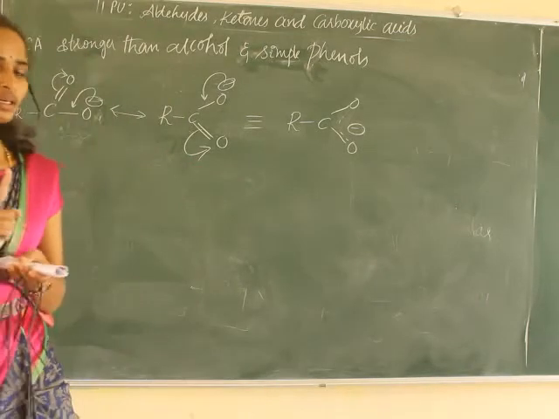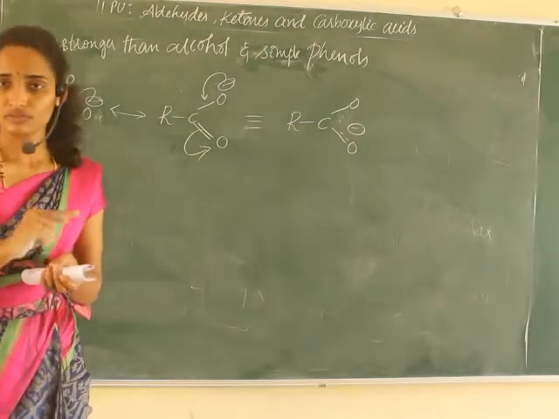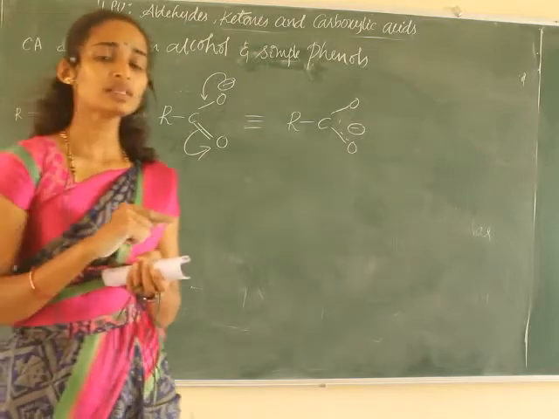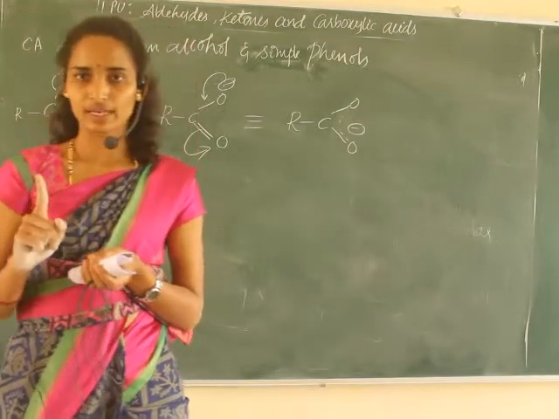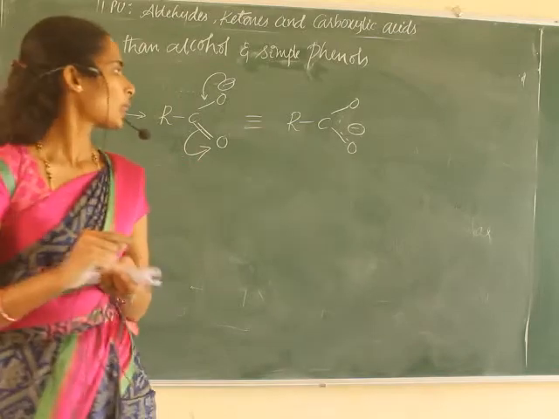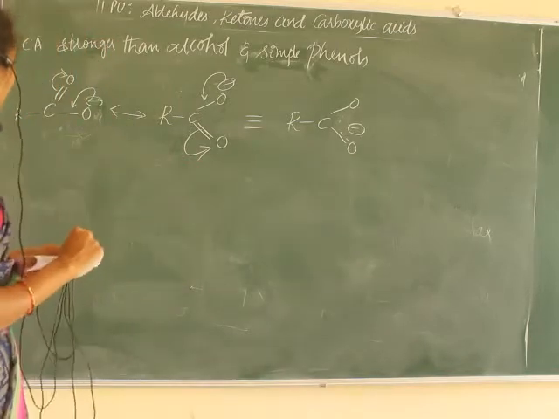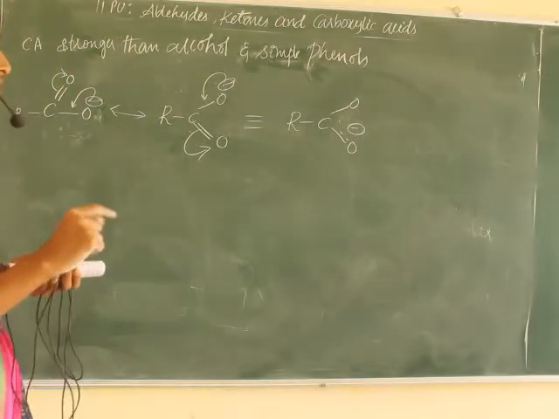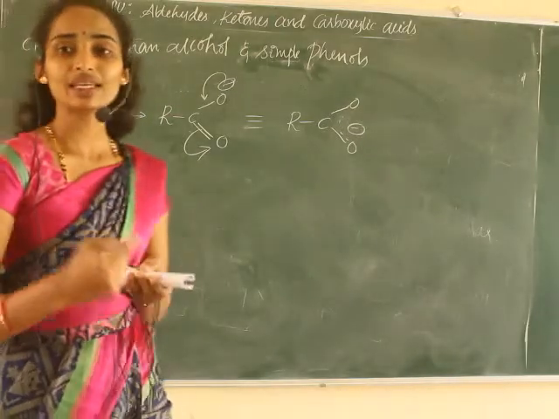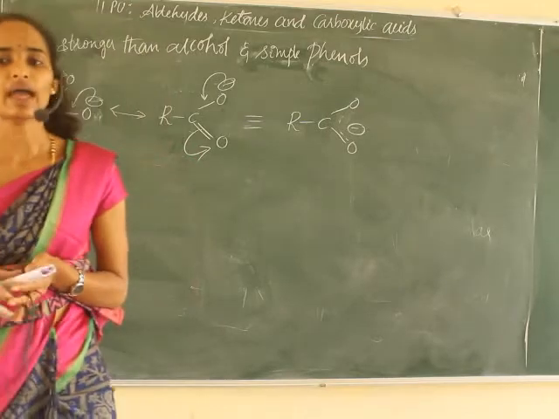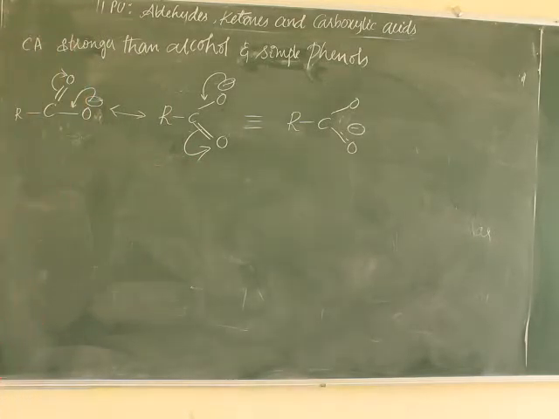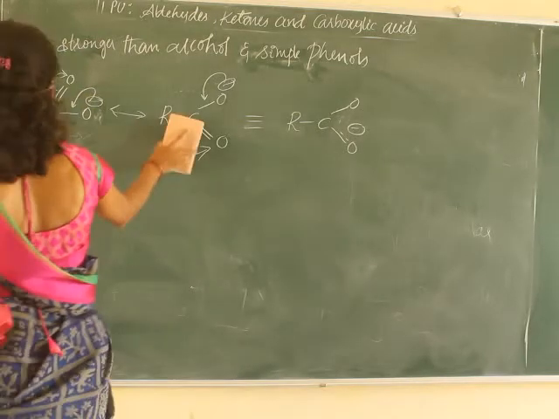But in phenoxide ions, the resonance structures are not equivalent, and negative charges are present on very less electronegative carbon atoms. This is about the acidity of phenols and carboxylic acids.